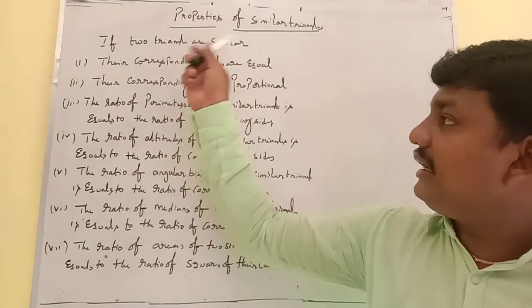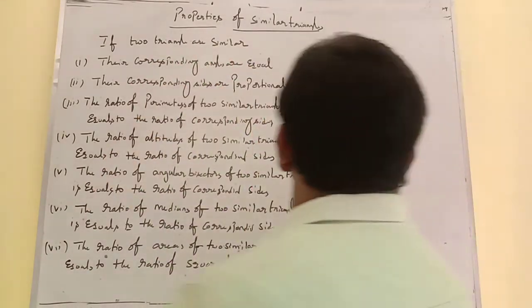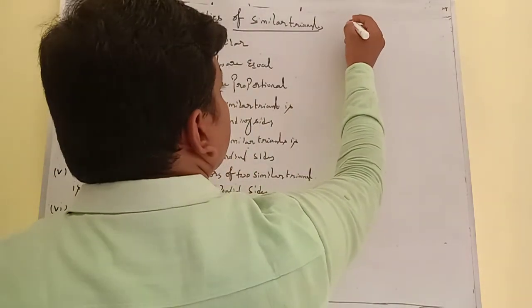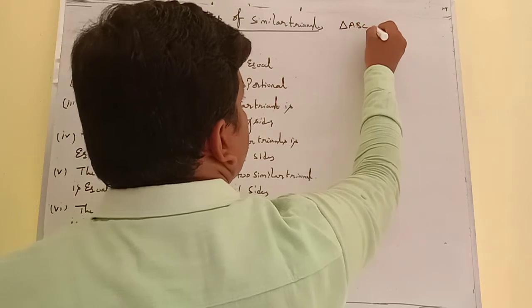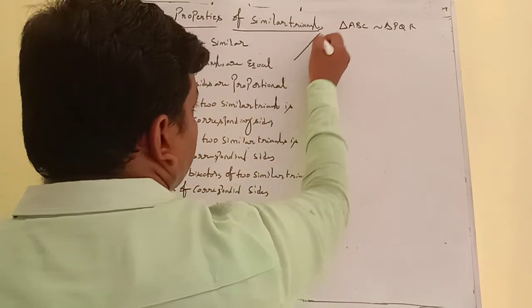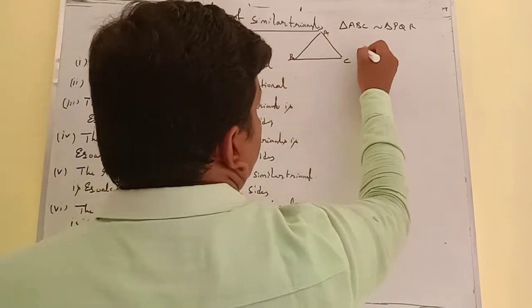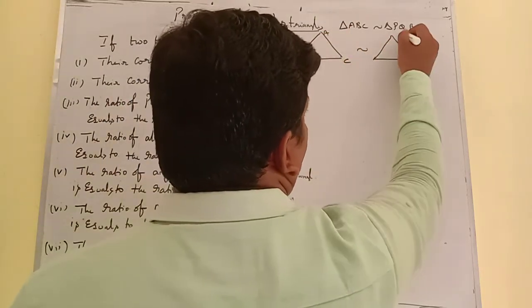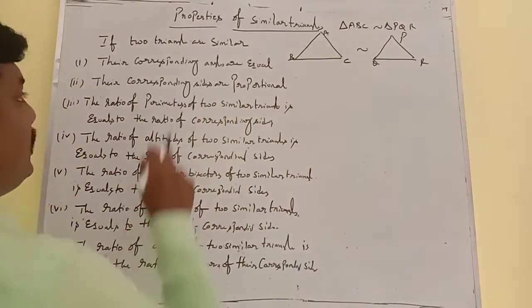First, if two triangles are similar, what is the first condition? Their corresponding angles are equal. So let me consider triangle ABC is similar to triangle PQR. Now what is the first point?